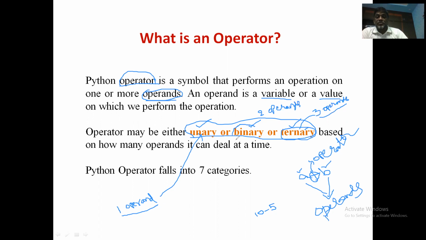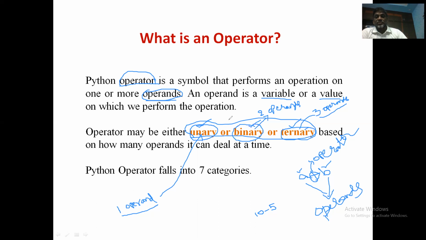Any operator which works with two operands at a time is called a binary operator, and any operator which deals with a single operand at a time is called a unary operator. So these are the three broad classifications. Whatever operator category we consider in Python, it definitely falls into one of these three. We need to understand which type of operator it is when we go through each kind of operator in detail.